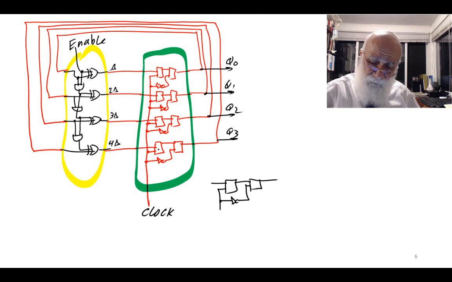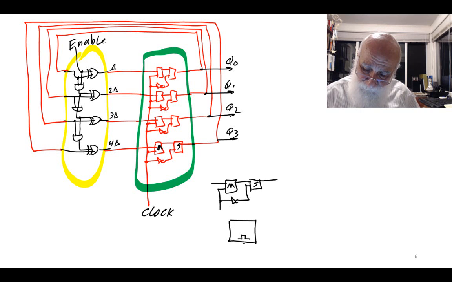Okay, master slave, master slave. Instead of drawing them like this, I can do this. My clock is a pulse. That means a pulse is needed, and this is a C1, 1D.